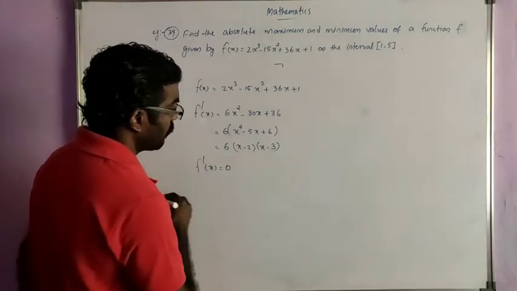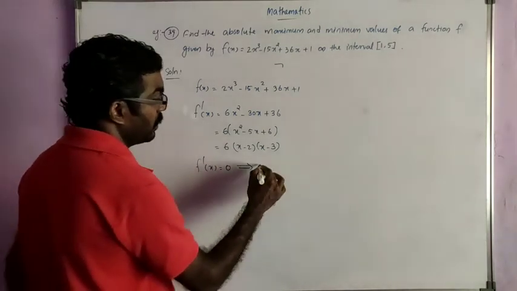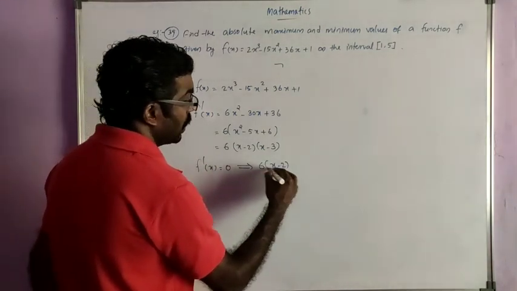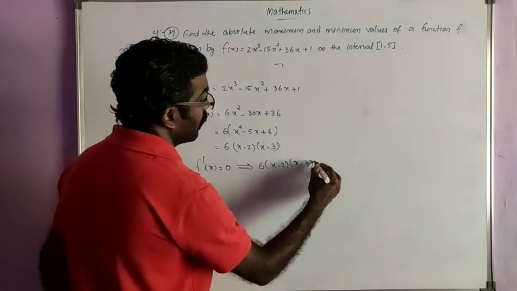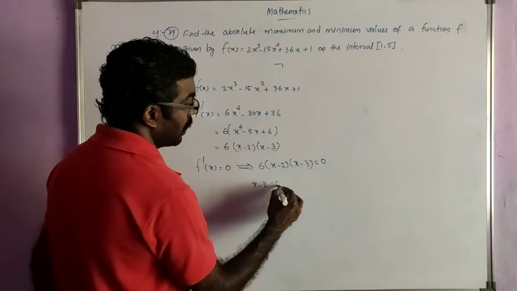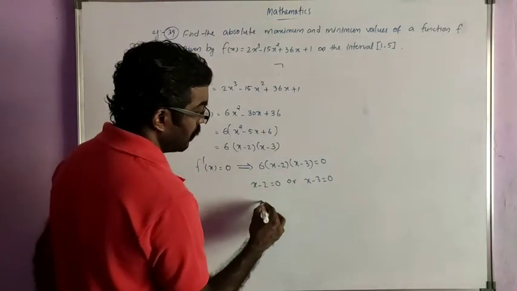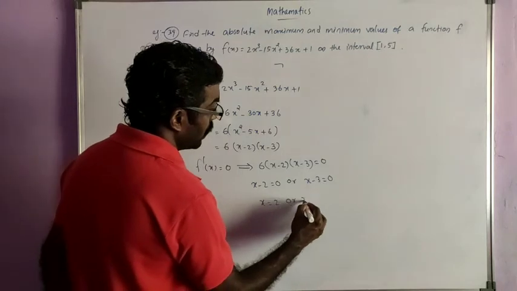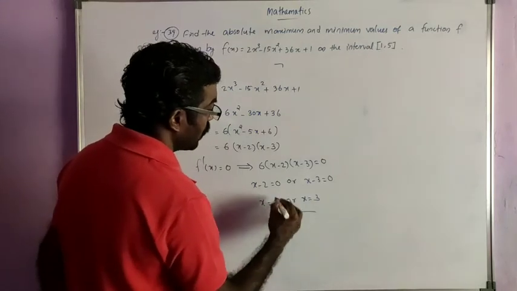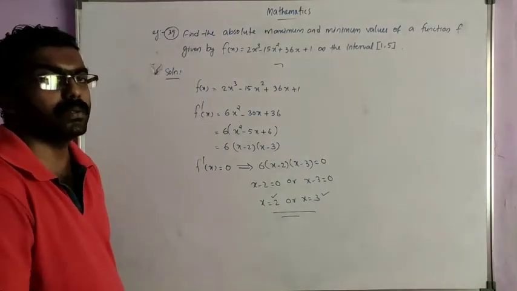For that we equate f dash of x to 0: 6 into x minus 2 into x minus 3 equal to 0. So x minus 2 equal to 0 or x minus 3 equal to 0, x equal to 2 or x equal to 3. These are the critical points.